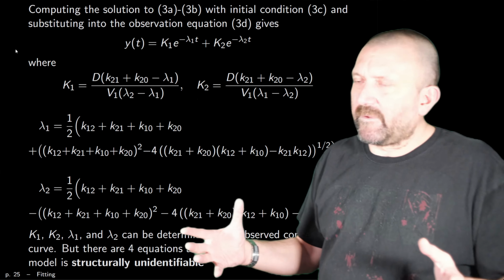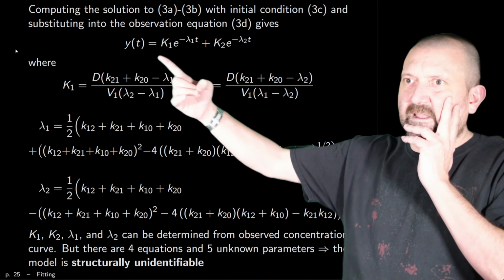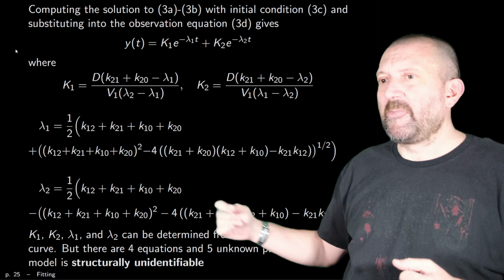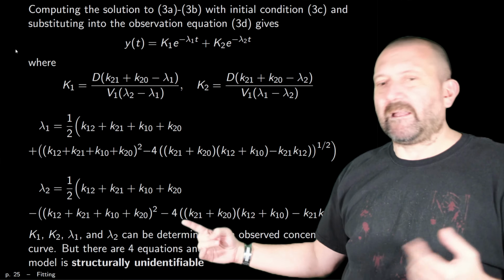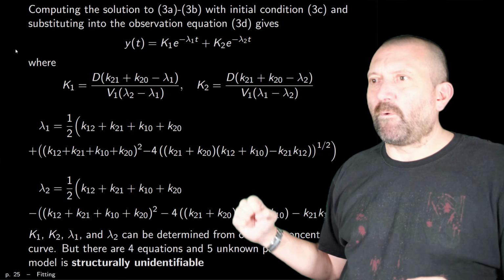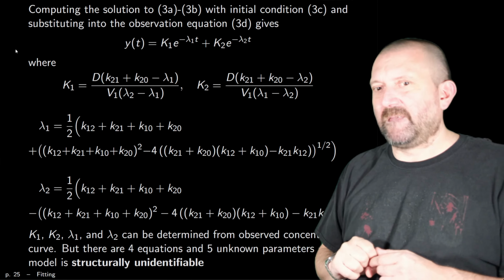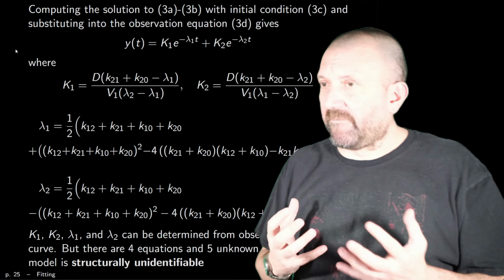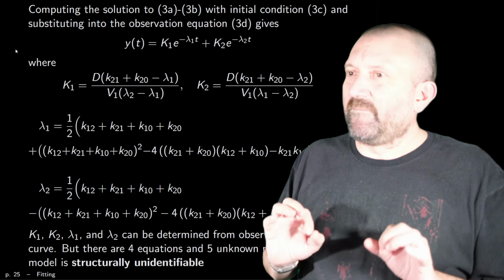Okay, I'm not going to get into details, but what you can see is that, okay, I have my y of t. Y of t is going to be the observation variable. And I need to find K1, well, I can find those, but what's important here is that I have 4 equations, but I have 5 unknowns. So I'm not going to be able to find a unique form for this.